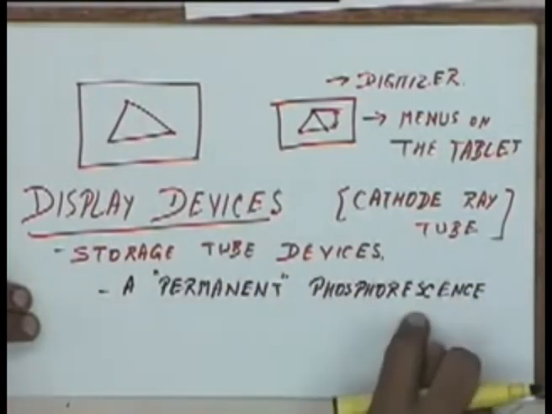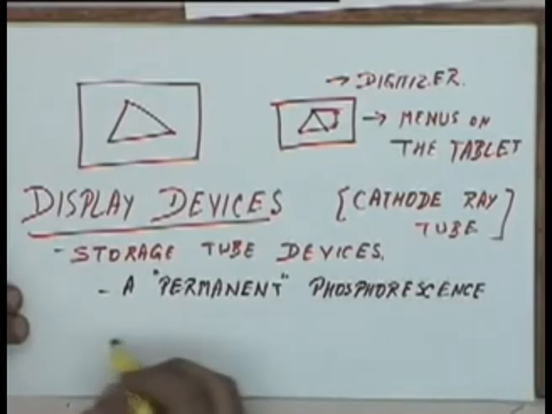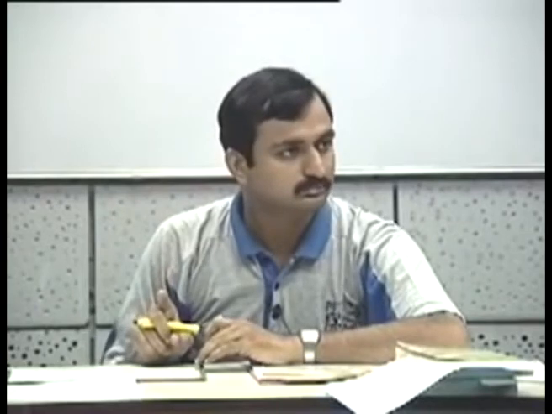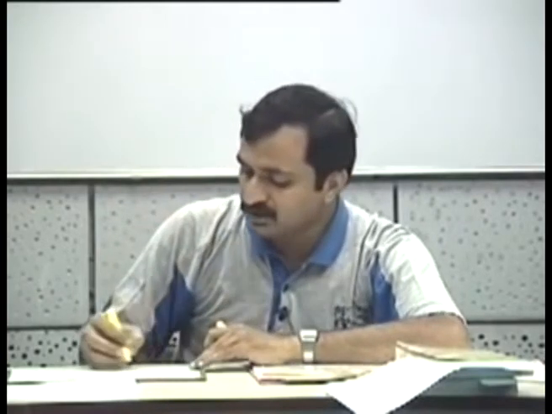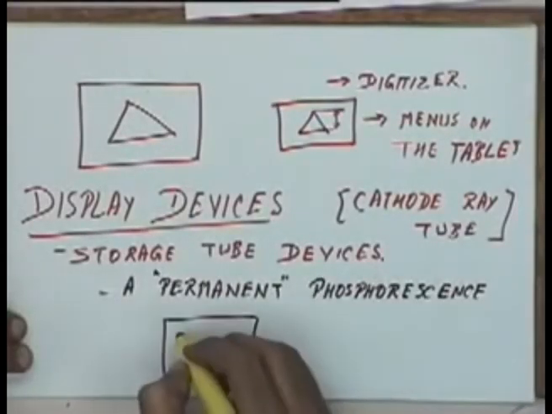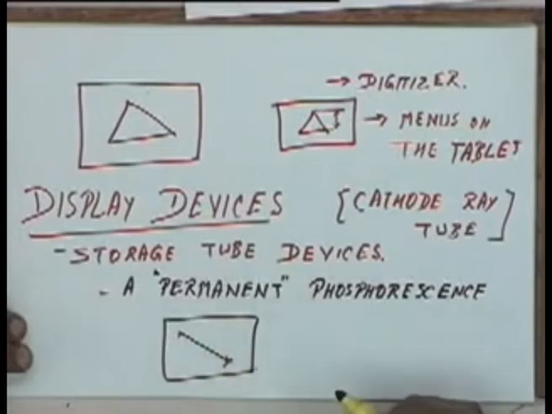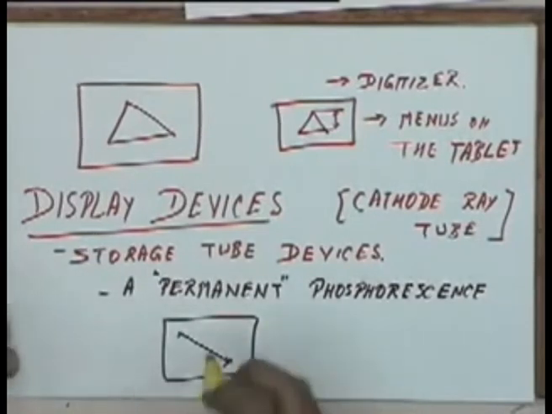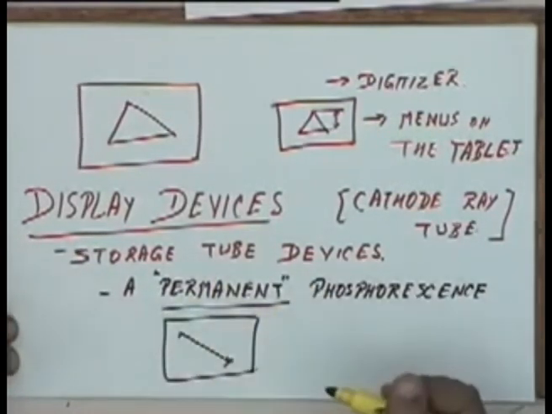By permanent phosphorescence, what we mean is that if the electron gun moves across the screen, let us say this is my screen and the electron gun is moving from this point to this point, the screen has a permanent phosphorescence. So this line will be visible, so to say, permanently.